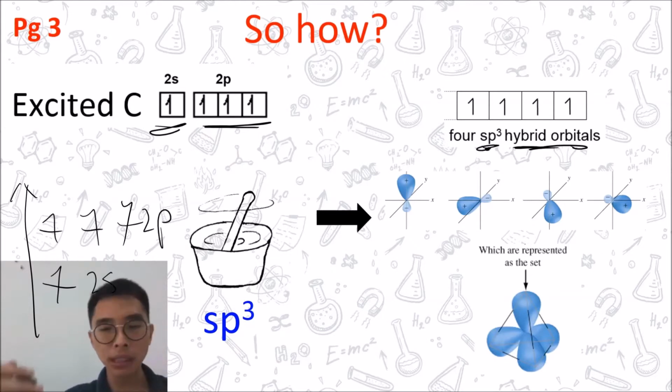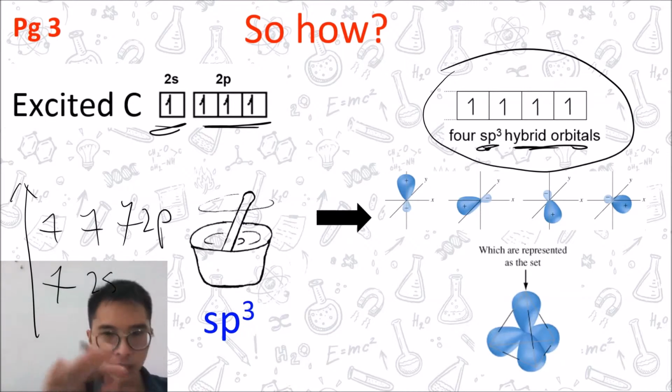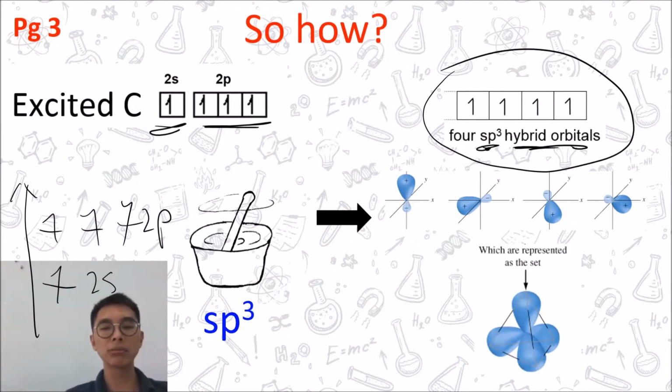My s and p orbitals have different energy levels, but now they end up with these 4 sp3 hybrid orbitals, all of the same energy. They are all degenerate, so they are all equivalent to each other. That's why I end up with a tetrahedral geometry, 109.5 degrees away from each other.